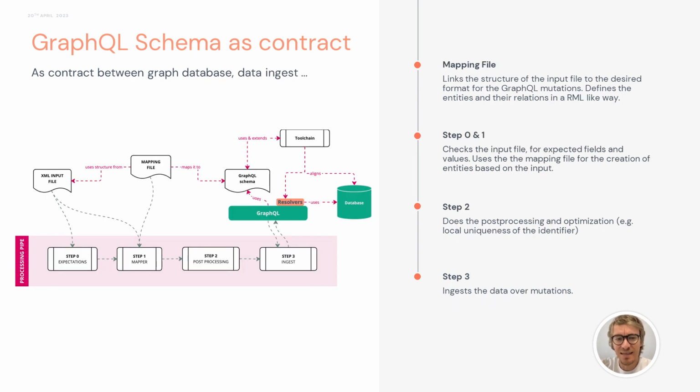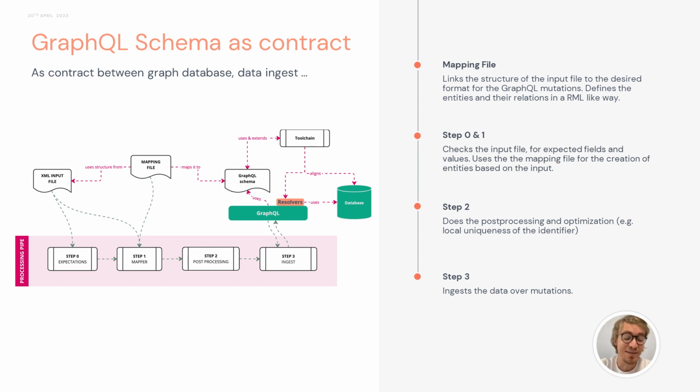The second thing is that the GraphQL schema is a contract between the graph database on the one hand, as seen before, and the data ingest. If you are familiar with RML from the semantic web world, that was basically an inspiration to define a mapping file where we can map the input.